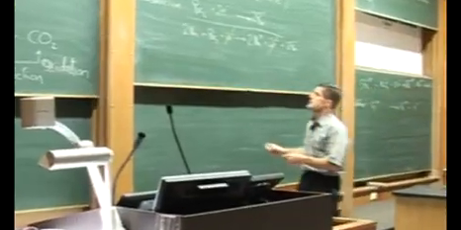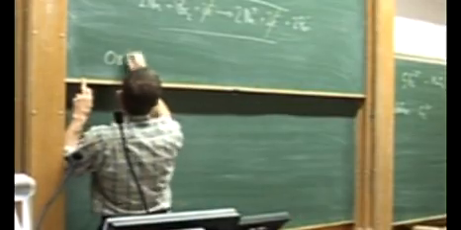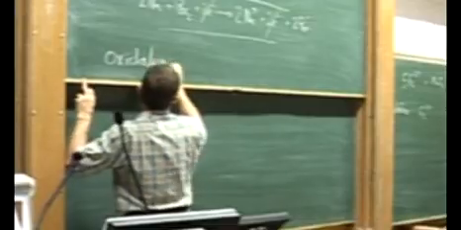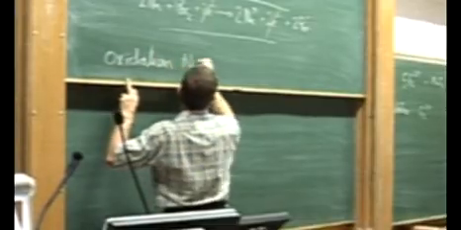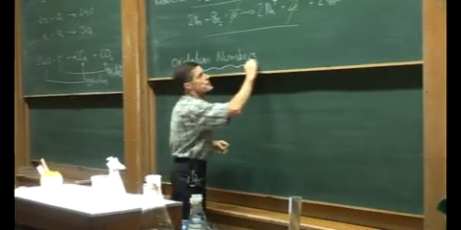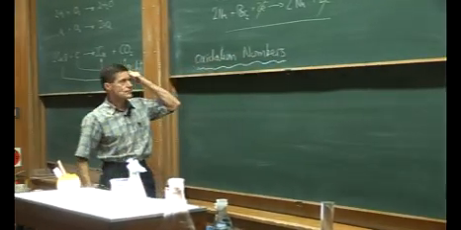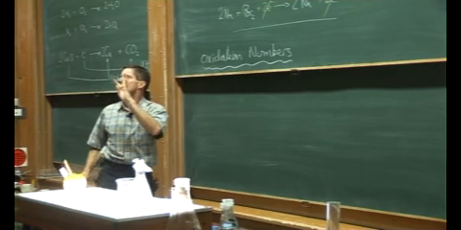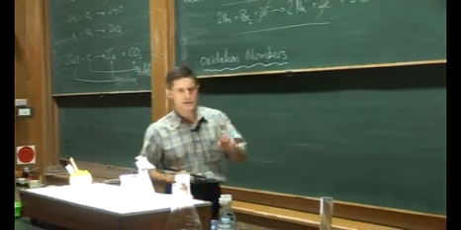And what I want to do is run through the rules for assigning oxidation numbers. These are on the top of page 5 of the booklet, and there's just 4 of them. I think it's page 5.